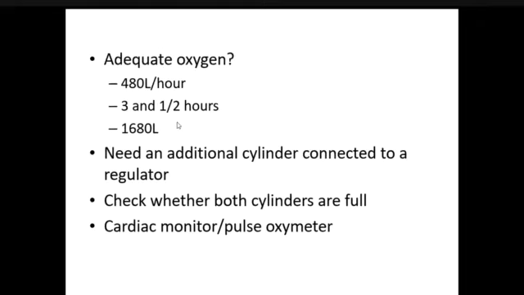When you are in a moving vehicle, it's very difficult to disconnect the regulator and connect it to the new cylinder. So you have to take another separate regulator connected to the additional cylinder, right? Then what you have to do is just connect the tube only, right? So that is important.